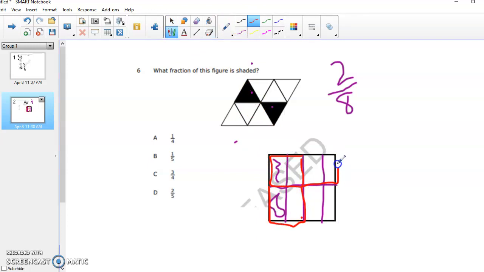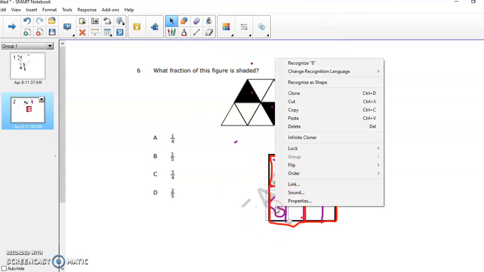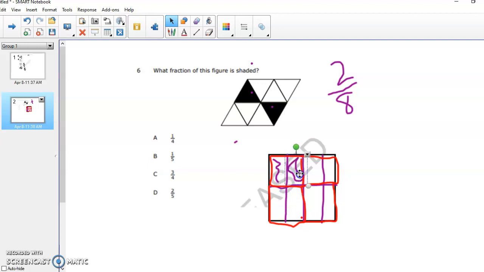These 2 come together. And these 2 come together. And now I have 4 pieces in my whole. 1, 2, 3, 4. Well, this piece and this piece are separate, so I want to take it and move this up here. So now I have 1/4 shaded.